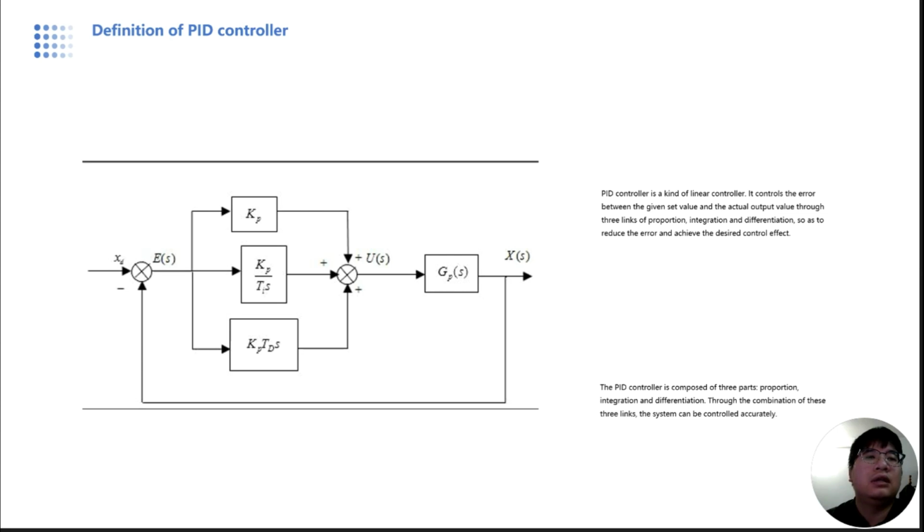Then the sensor will measure the current state again and provide feedback to the controller, following a closed loop.